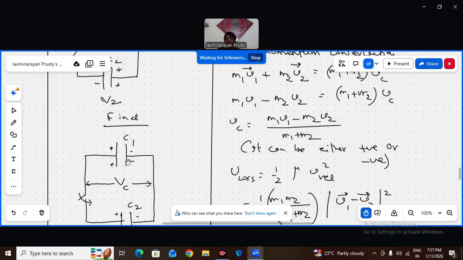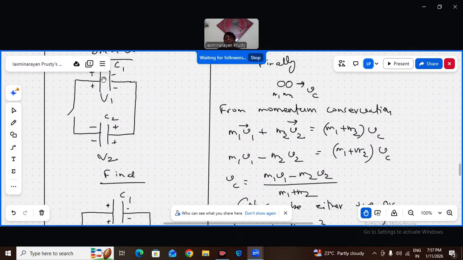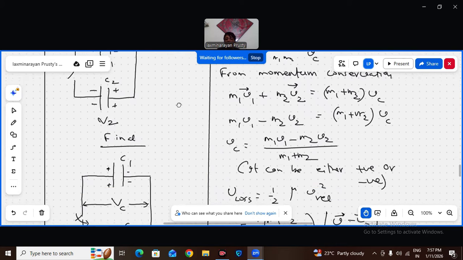Finally they connect, and the charge will be distributed, some plus here, some plus here, some minus here, some minus here. The charge will redistribute. That's what I have shown.